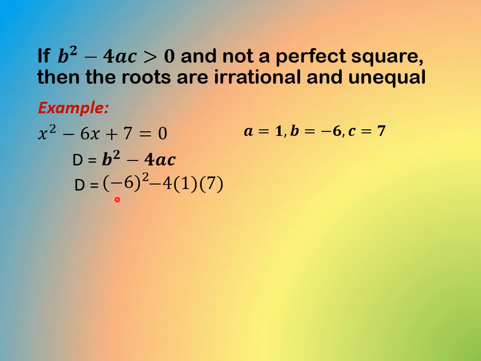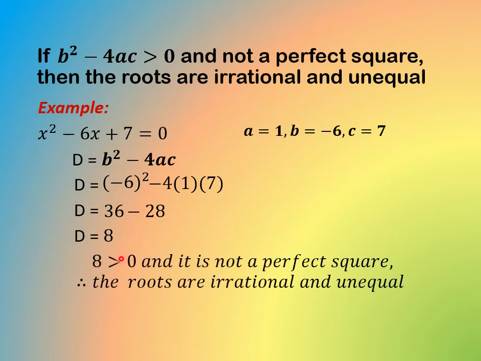Okay, so evaluate. So, negative 6 squared, that is equal to positive 36. Minus 4 times 1, that is 4, times 7, that is equal to 28. So, we have 36 minus 28. So, 36 minus 28, the discriminant is equal to 8.